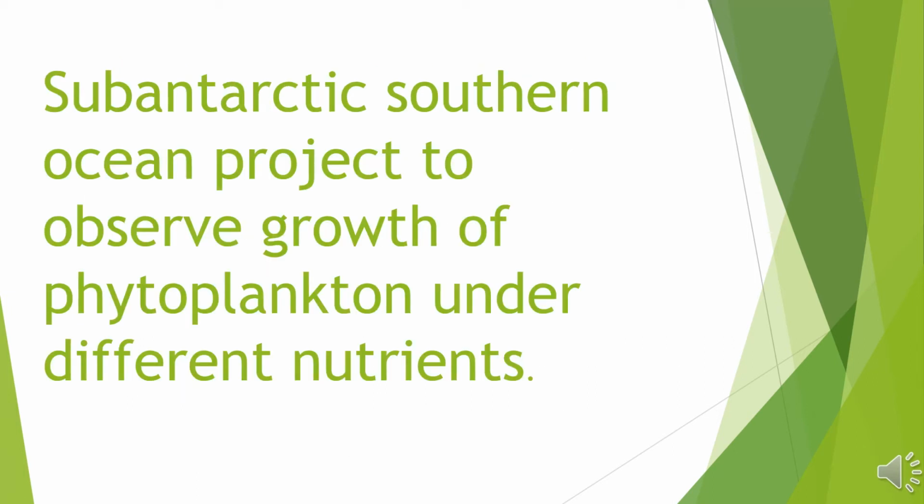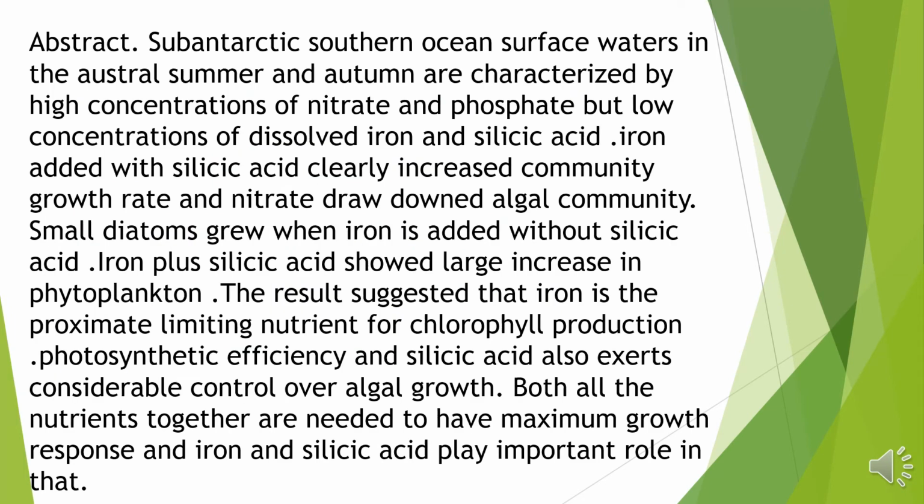Subantarctic Southern Ocean project to observe growth of phytoplankton under different nutrients. Abstract. Subantarctic Southern Ocean surface waters in the austral summer and autumn are characterized by high concentrations of nitrate and phosphate, but low concentrations of dissolved iron and silicic acid. Iron added with silicic acid clearly increased community growth rate and nitrate drawdown in the algal community.